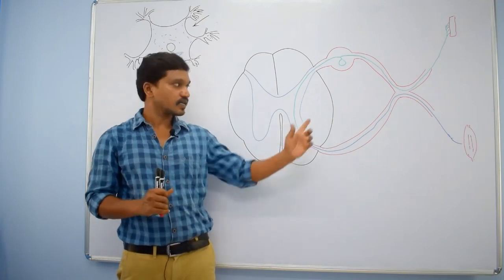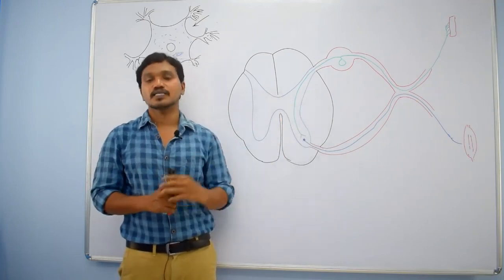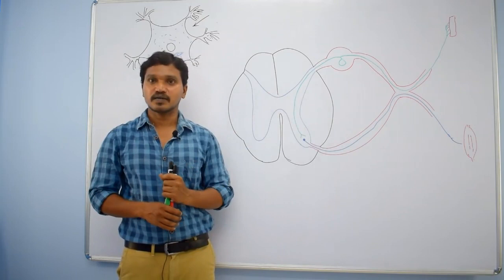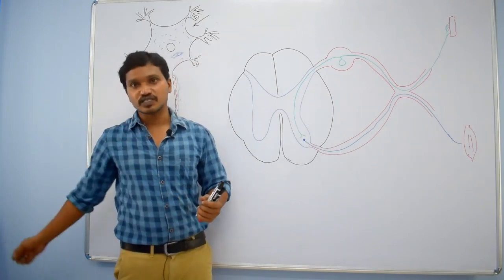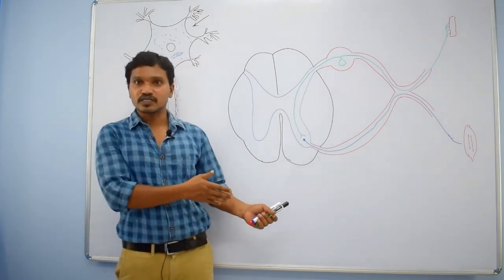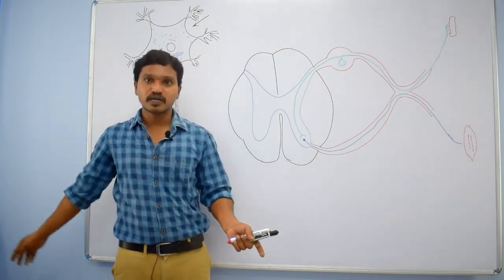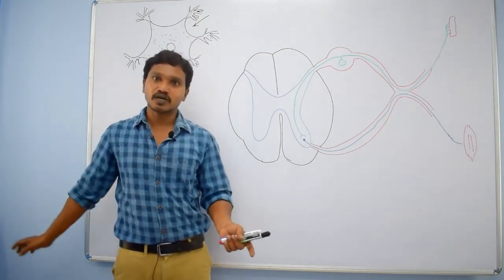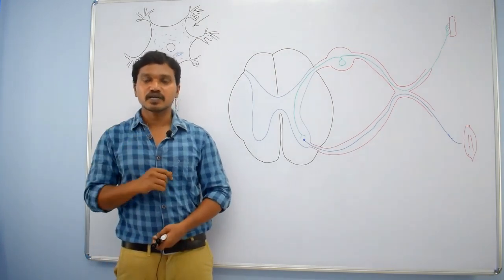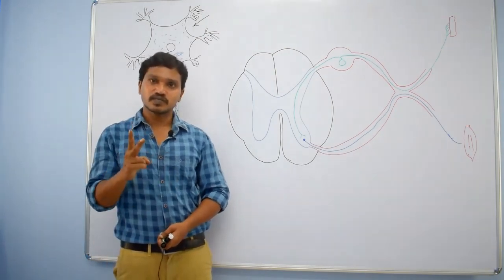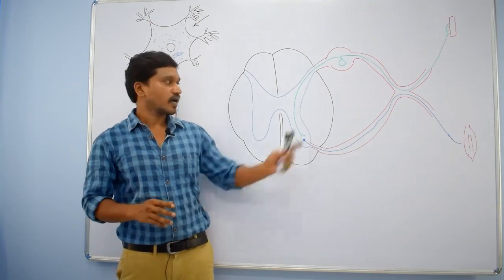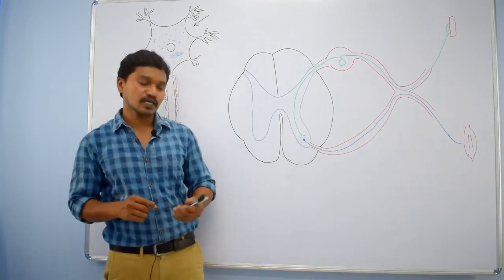The stretch reflex contains only a unisynaptic reflex arc. But if it is a withdrawal reflex, the example I gave first, when he pricks you, you will remove your hand from there. That reflex arc is made up of two synapses. So that arc we call a multisynaptic reflex arc.